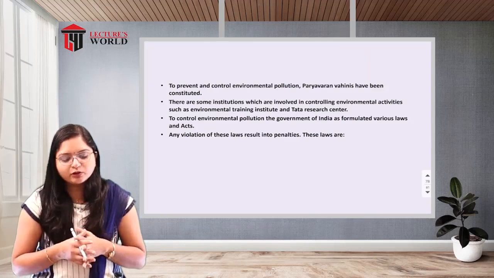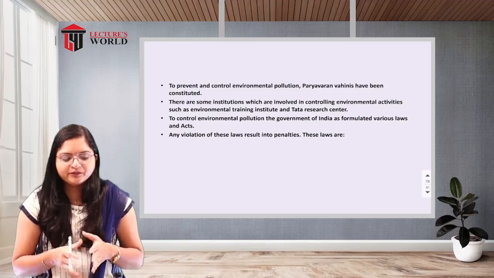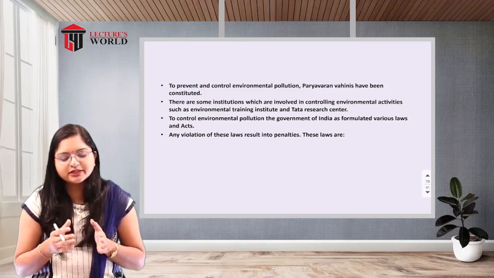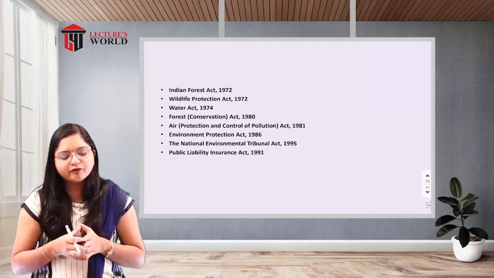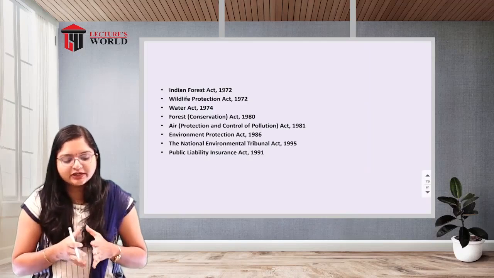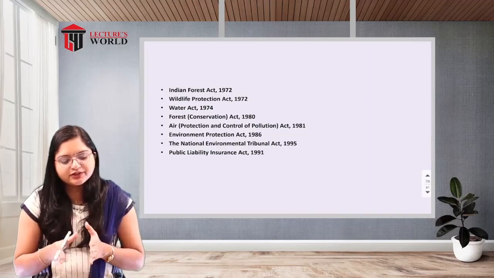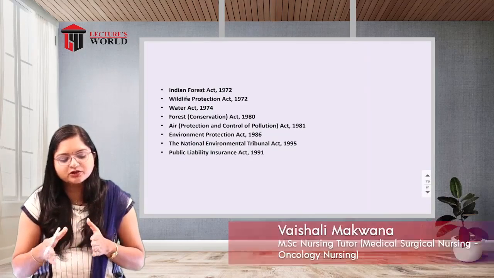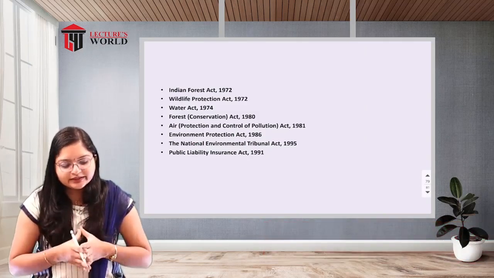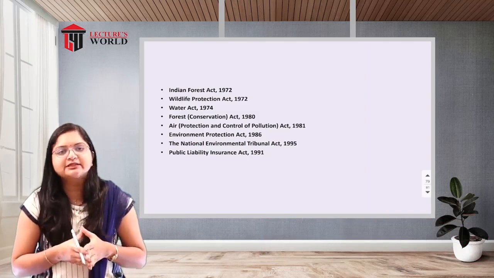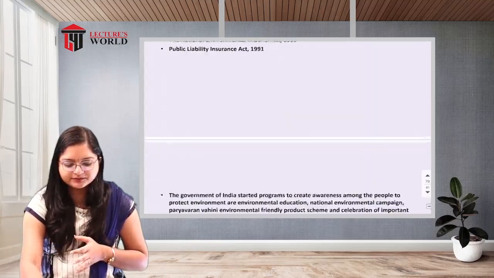To control environmental pollution, the Government of India has formulated various laws and acts. Any violation of these laws results in penalties and punishments. These laws are Indian Forest Act 1972, Wildlife Protection Act 1972, Water Act 1974, Forest Conservation Act 1980, Air Prevention and Control of Pollution Act 1981, Environment Protection Act 1986, the National Environmental Tribunal Act 1995 and Public Liability Insurance Act 1991.